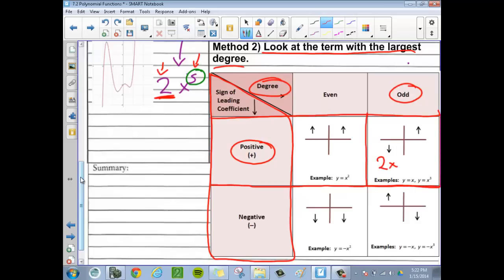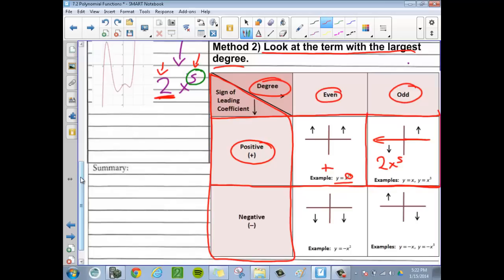I'll just put this here as an example. We had 2x to the fifth. As this function, just like we found before, goes to negative infinity, it's dropping. If it goes to positive infinity, it's increasing. Here we got another situation, and our example is y equals x squared. Well, the coefficient of this is positive, right? It's a positive coefficient in front. And the degree of this is even.